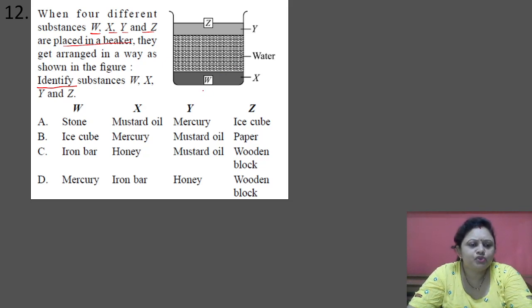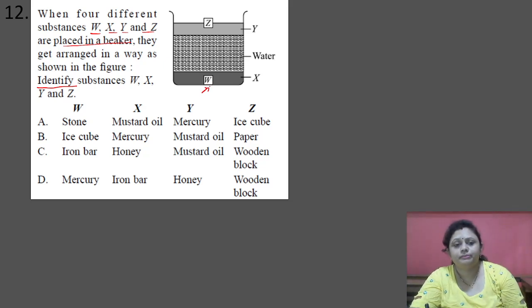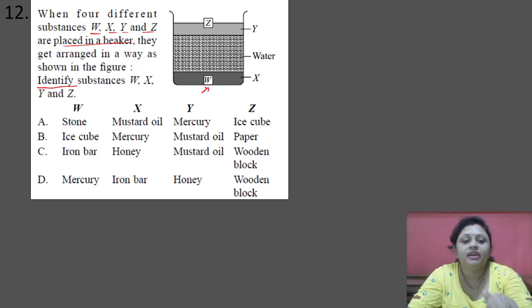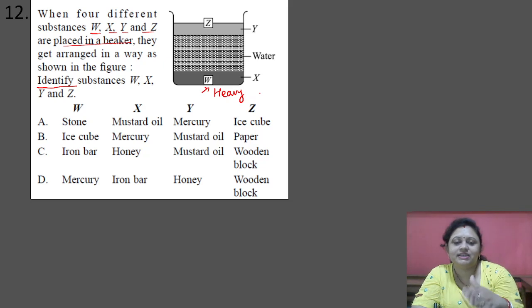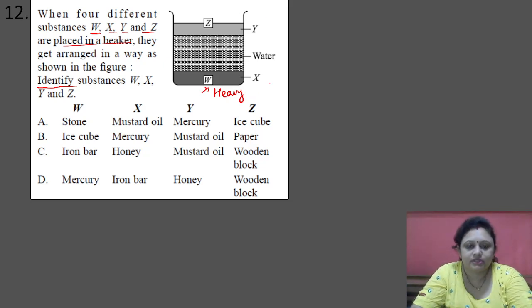So W, you are seeing what W is here. It is something that sinks to the bottom. That means it is a very heavy substance, right? So W will be heavy. In fact, we can say the heaviest substance among these. Coming to X. X is forming the lower layer, and then next is water.